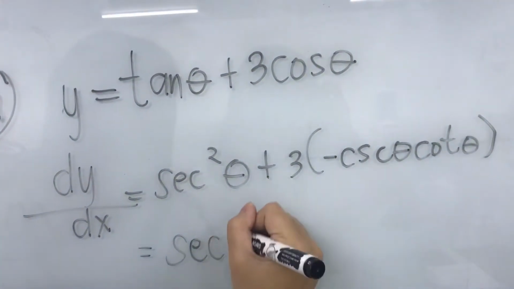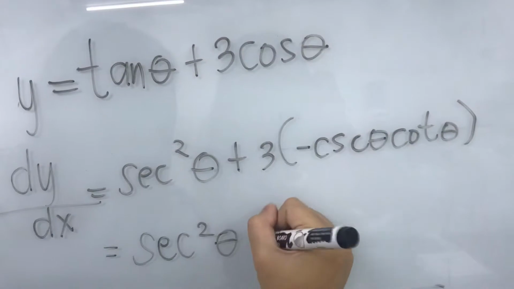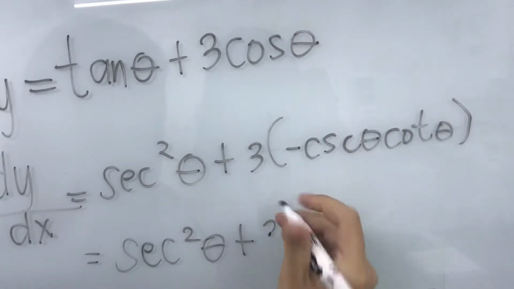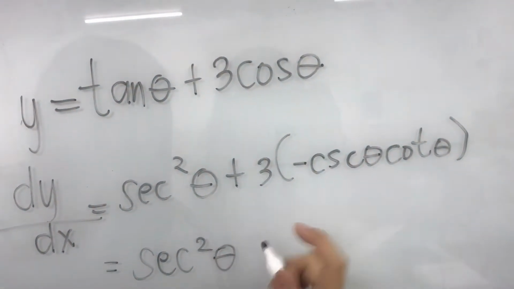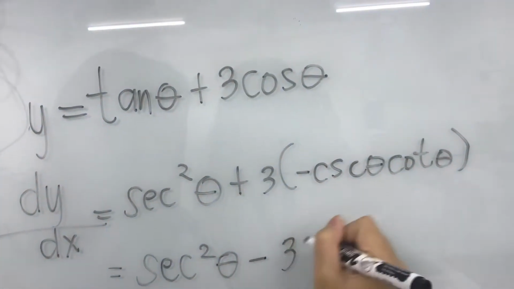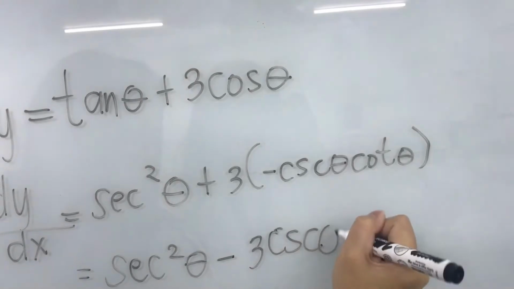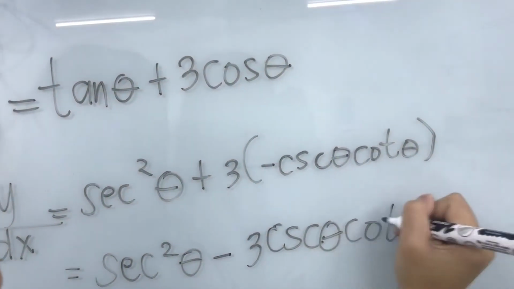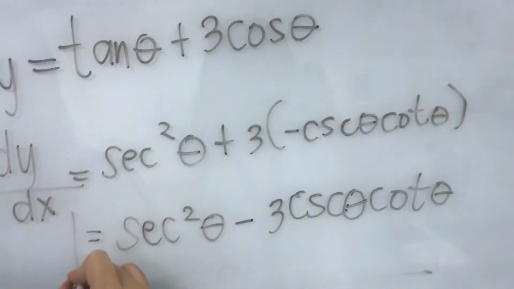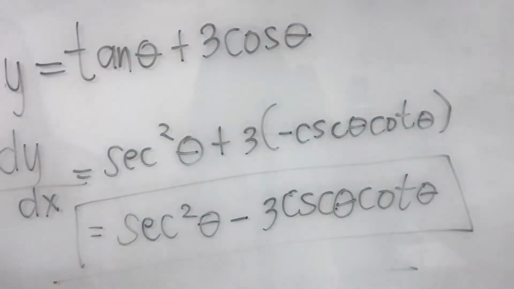It will be secant squared theta minus 3 cosecant theta cotangent theta. That is our final answer.